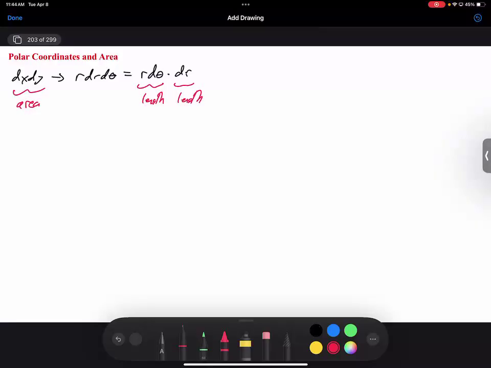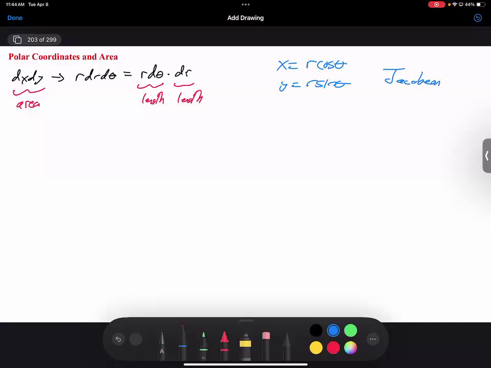Right? Do you remember how this is proved? Do you remember the Jacobians and all that stuff? And we have a nice change of variables. x is r cosine theta, y is r sine theta. We calculate the Jacobian.